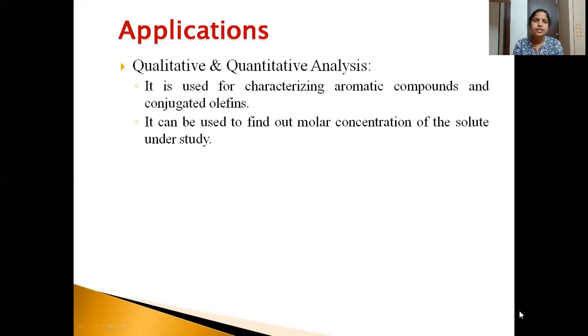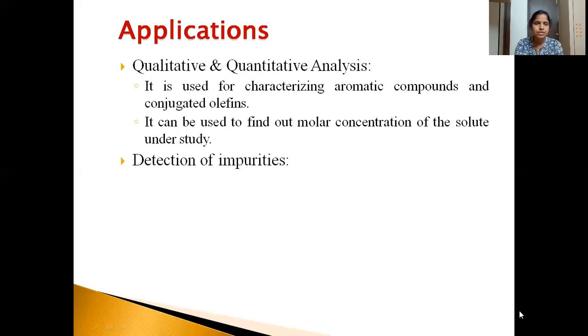That is, it shows a bathochromic shift, that is red shift. So by that also we can say whether it is a simple olefin or a conjugated olefin. And we can find out the molar concentration, again by using the formula A is equal to epsilon Cl, which is Lambert-Beer's law.